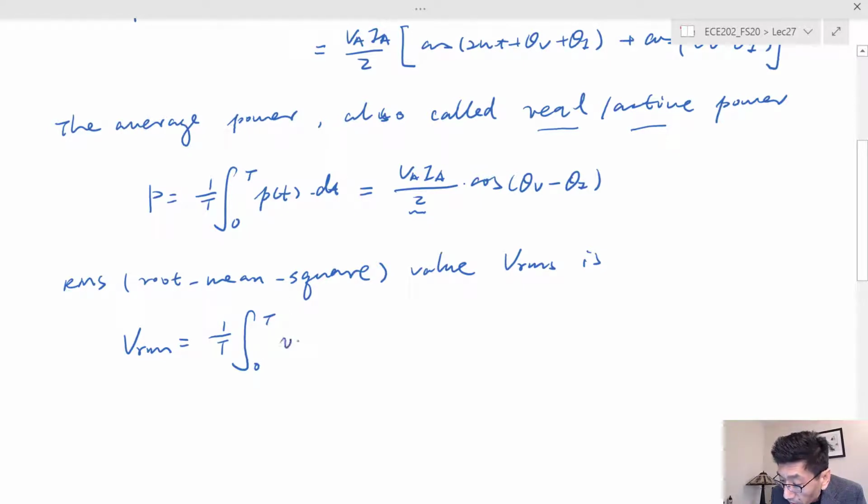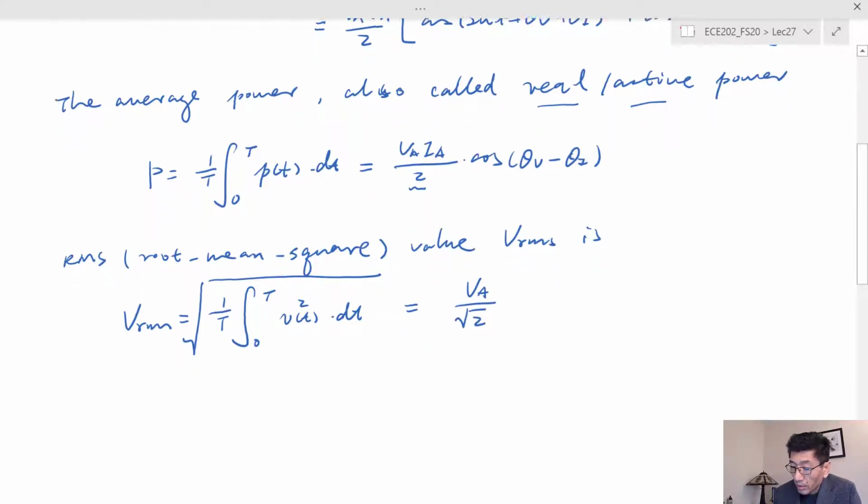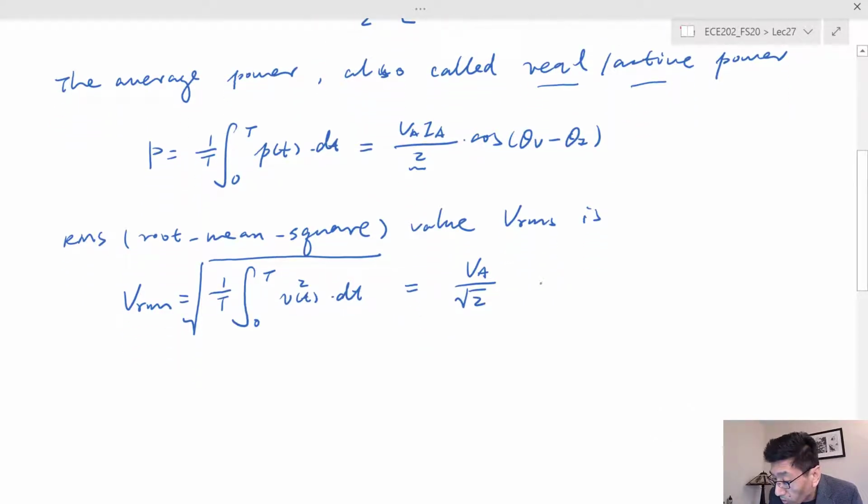If you substitute v(t) and calculate, I'm not going to derive this, the end result is just equal to V_A over square root 2. This is true for sinusoidal v(t).